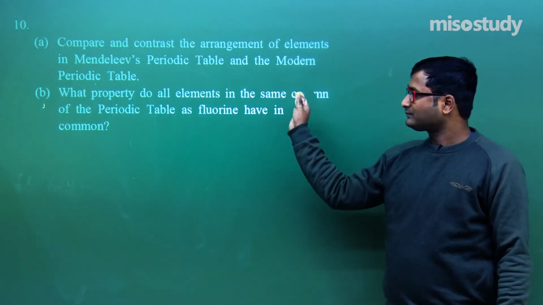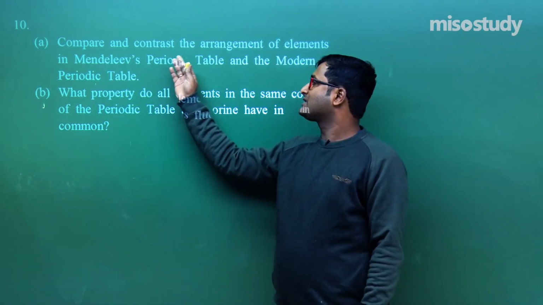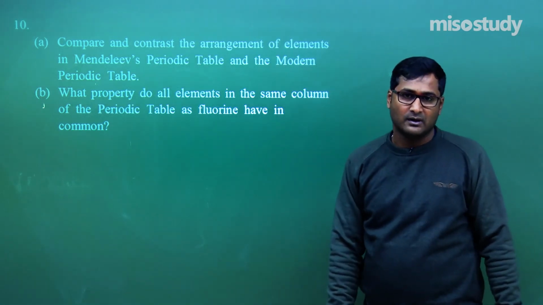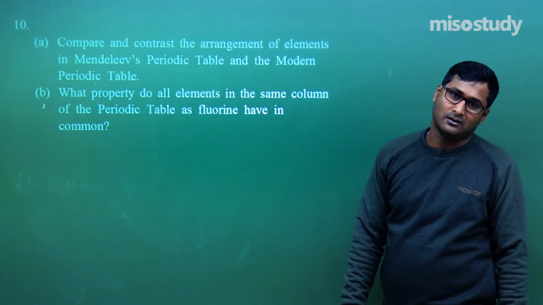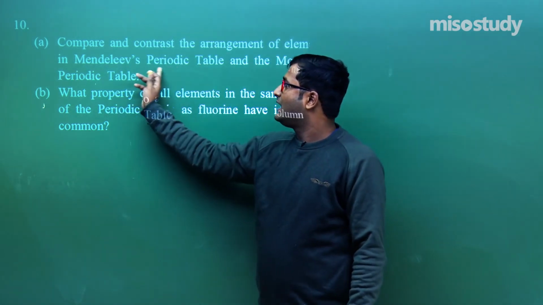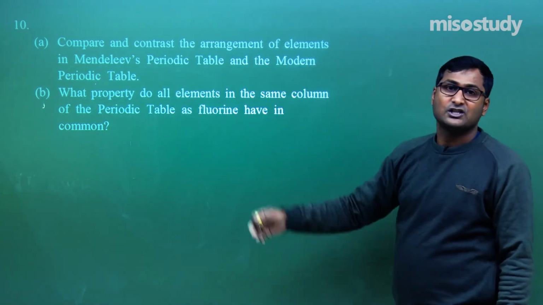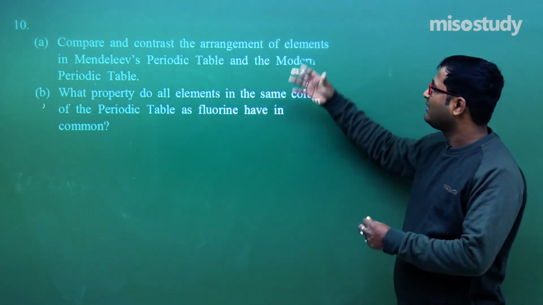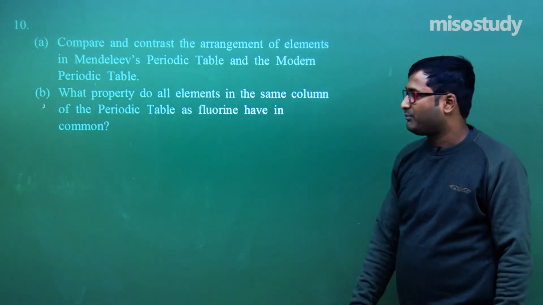There is no explanation of isotopes in Mendeleev's table, but the modern table has an explanation for isotopes also. It removes the anomalous behavior of Mendeleev's table, that is, potassium and argon, which I have discussed. So these are a few comparisons between the two tables.